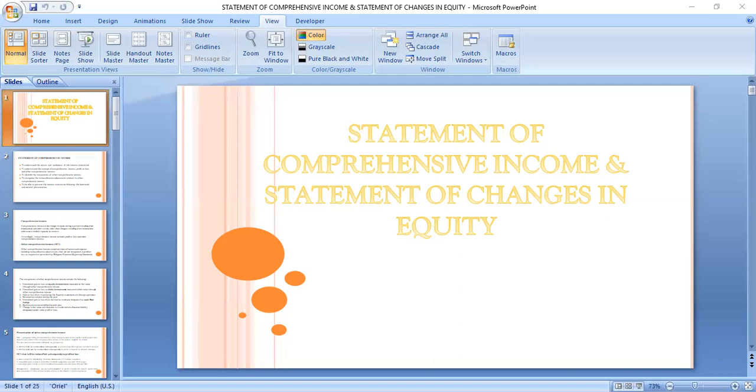Entities classifying expenses by function shall disclose additional information on the nature of expenses, including depreciation, amortization, and employee benefits cost.